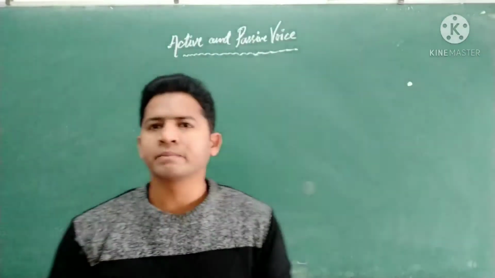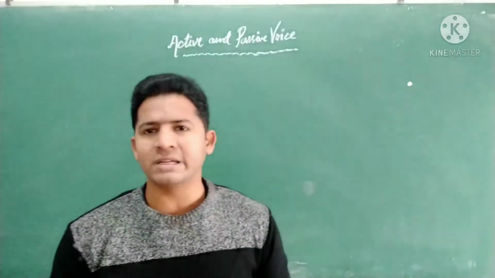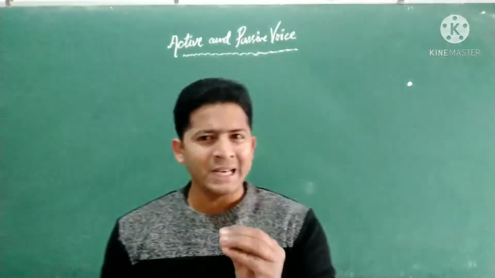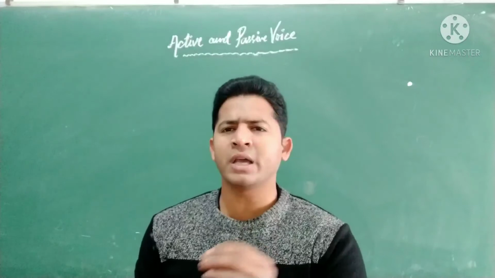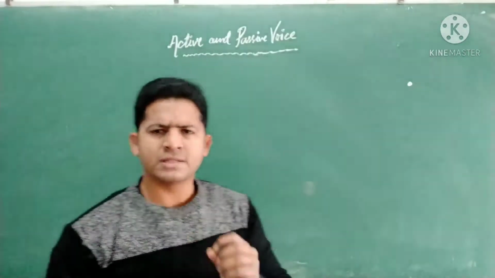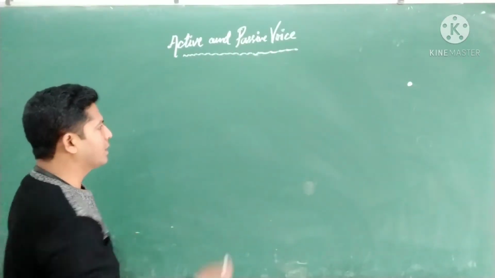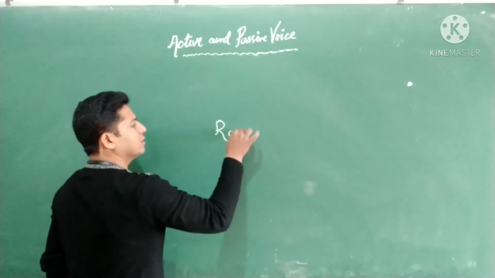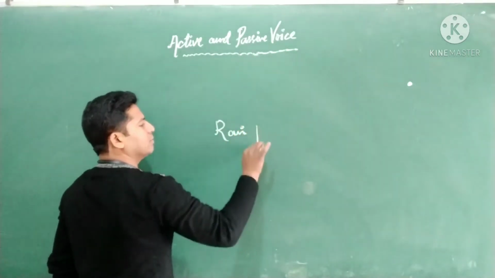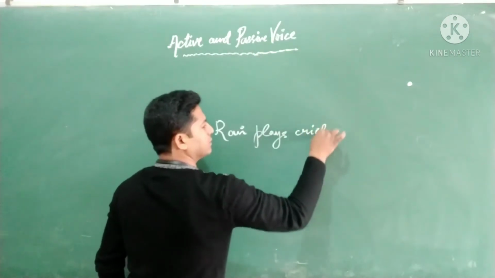So let's begin. See, my dear students, if you think of any sentence in English, you will find that any sentence follows some structure. Let's take a simple example. Suppose I said, Ravi plays cricket.